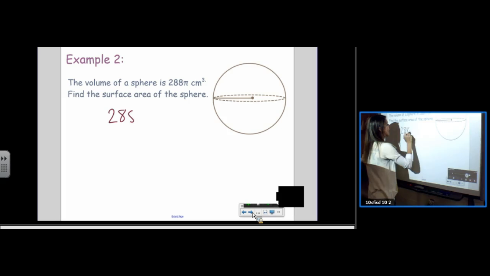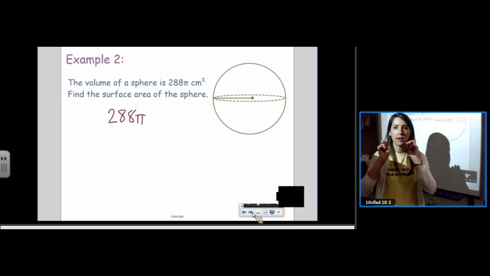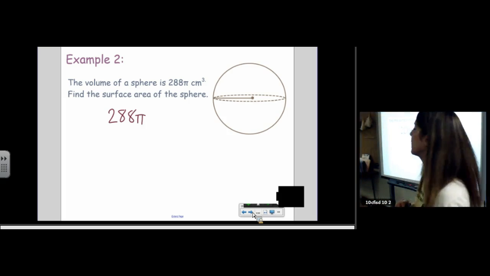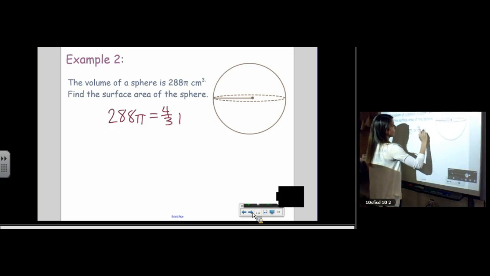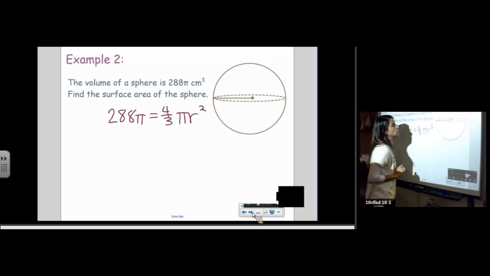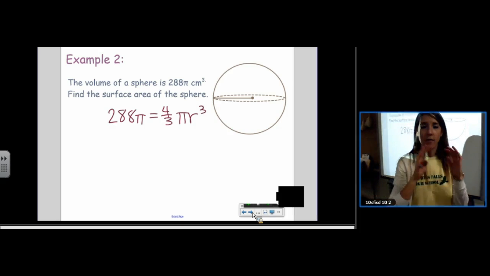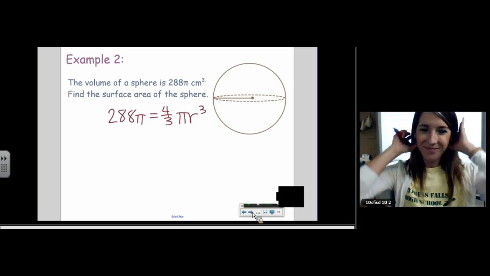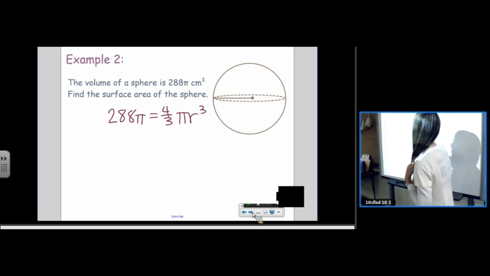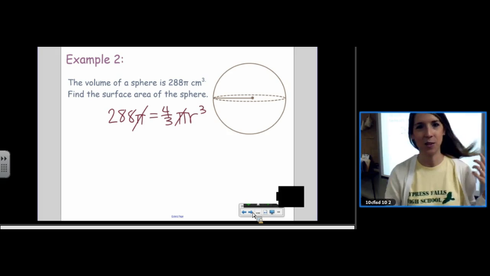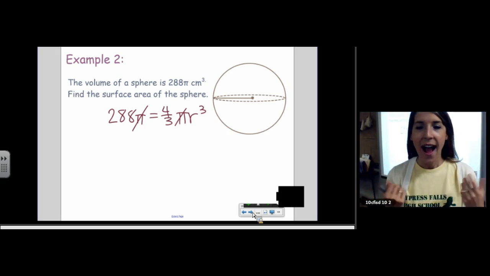You write down the answer, quote unquote, the answer, because we know the volume, and we set it equal to the volume formula. So we've got volume equals volume. All right, we notice that the pi's cancel. We love when things cancel because it's less messy. How do we get rid of that 4/3?